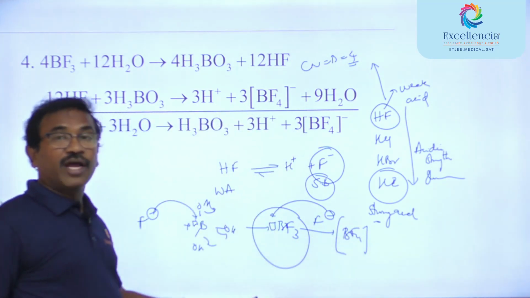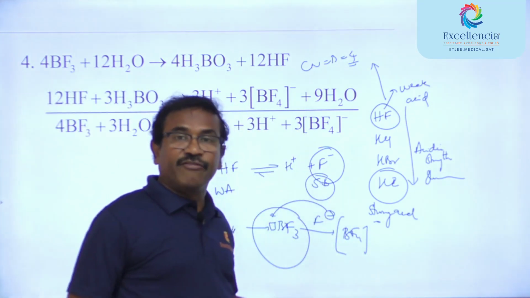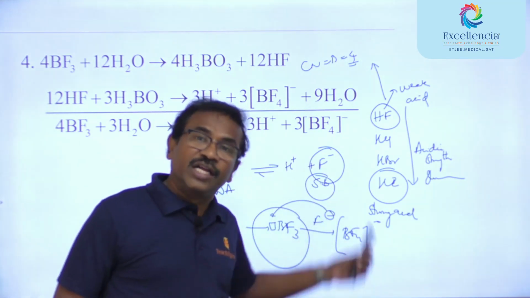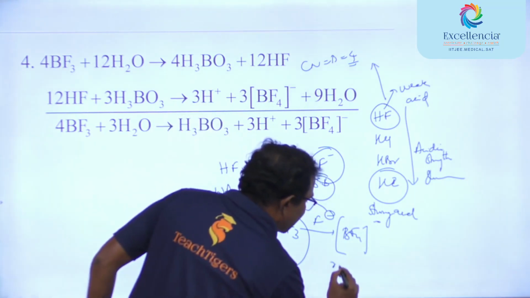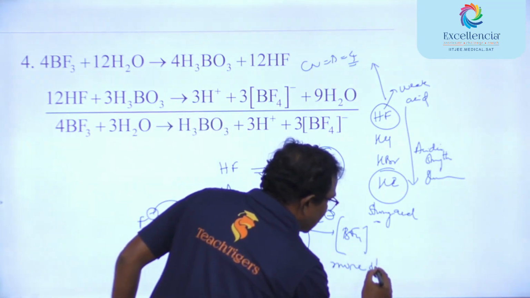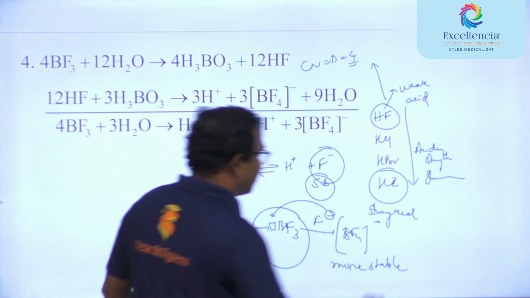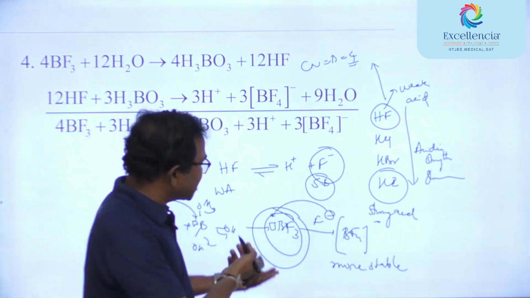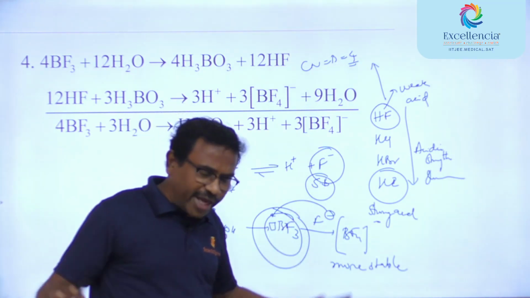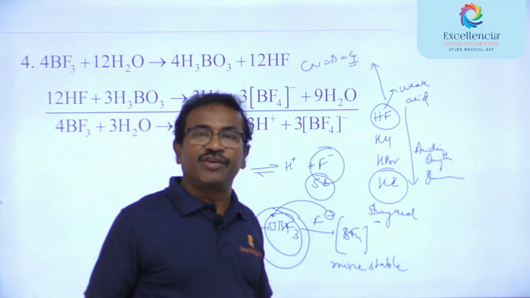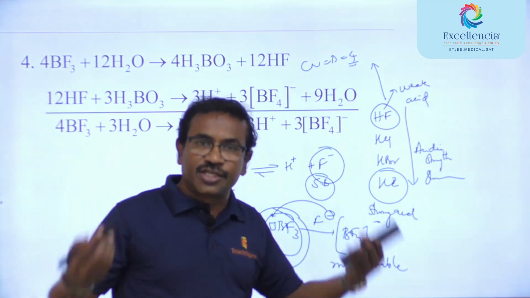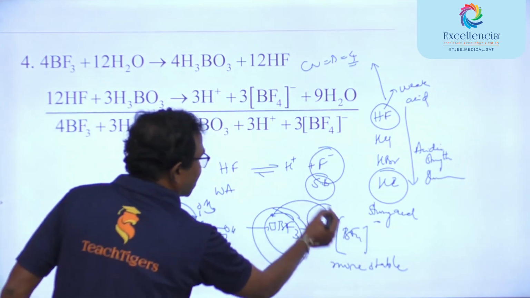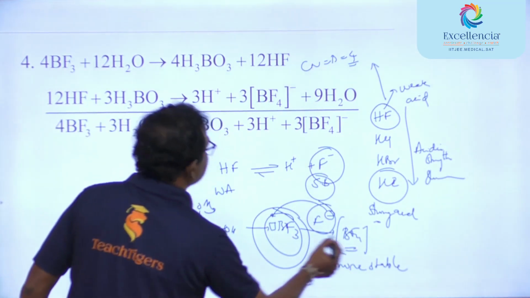Boron has achieved its maximum coordination number, which is 4. Therefore, this compound is thermodynamically more stable than BF3. BF3 is unstable, it is electron deficient. It always looks to react with any electron-donating species. And here you have fluoride as an electron donor, therefore BF4 minus is formed.